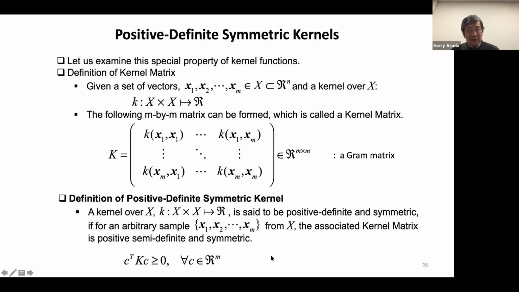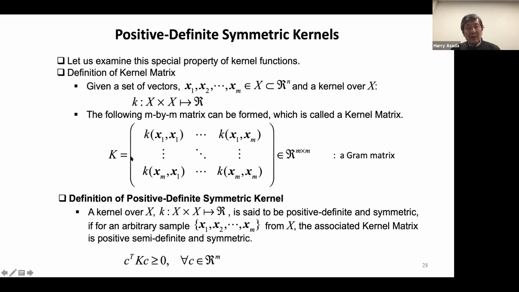So please pay attention to this little difference. If the associated kernel matrix is positive semi-definite and symmetric, then the original kernel function is called positive definite. It's a little bit complicated, but that's the way it is discussed.